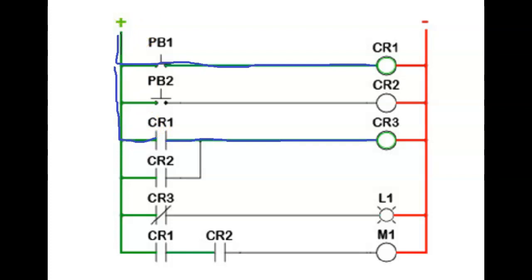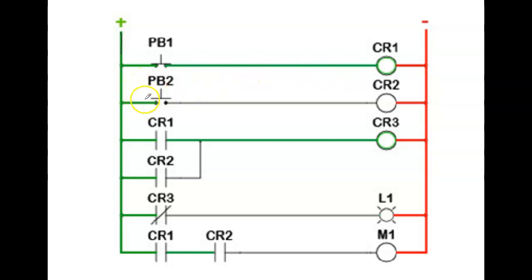So let's talk a little bit more about what we're seeing here. After you spend a little bit of time, and I know we said we wouldn't talk about the outputs, but we really kind of have, and you really can't help but to. We know that as long as PB1 isn't pressed, CR1 is going to energize. So that's easy.